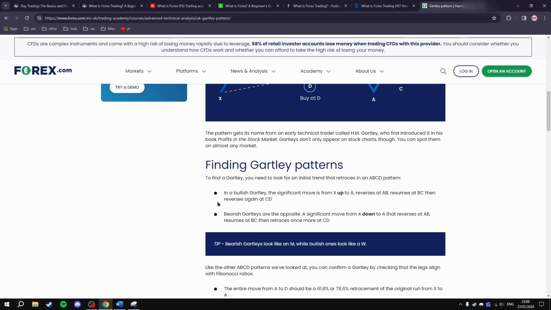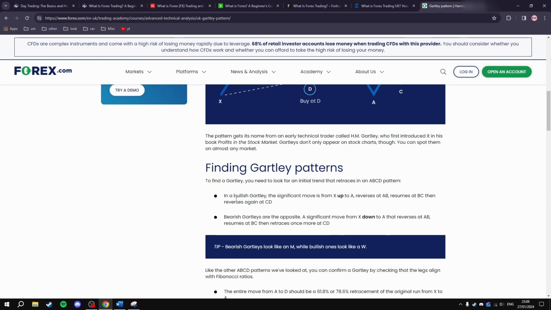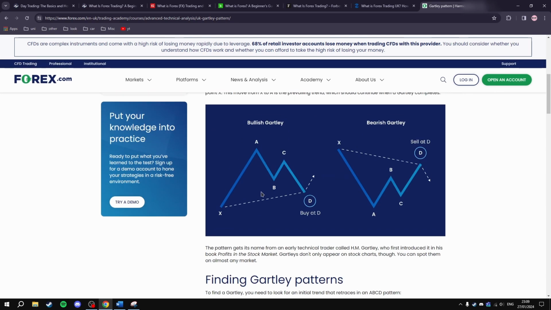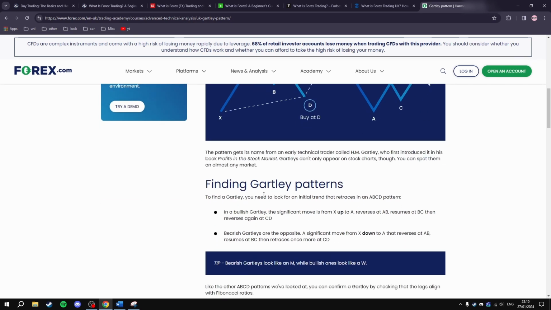Bearish Gartley is the opposite, a significant move from X down to A, retracing in an ABCD pattern.